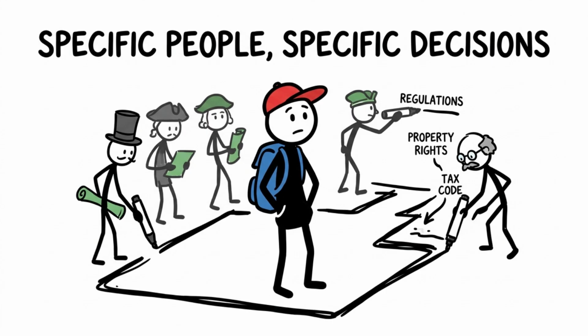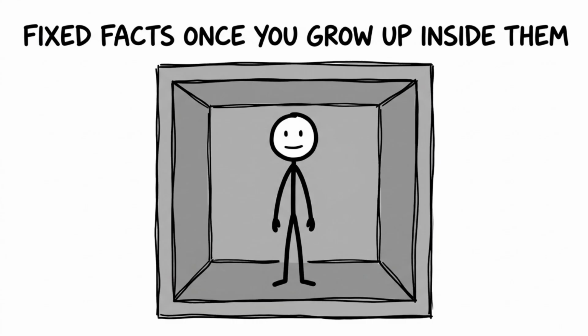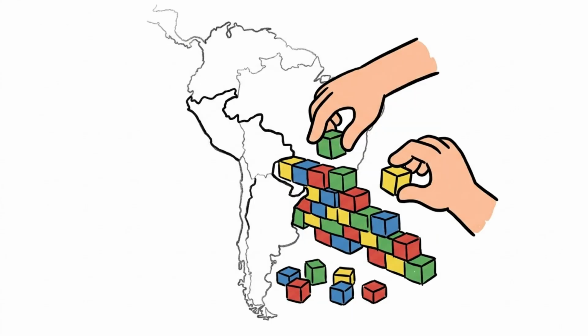A company's org chart, a school's zoning boundary, even a family's unspoken rules about who makes which decisions. These things feel like fixed facts once you grow up inside them. But they were built the same way Spain's viceroyalties were built, piece by piece, decision by decision, until the structure hardened into something that felt inevitable, even though it never was.